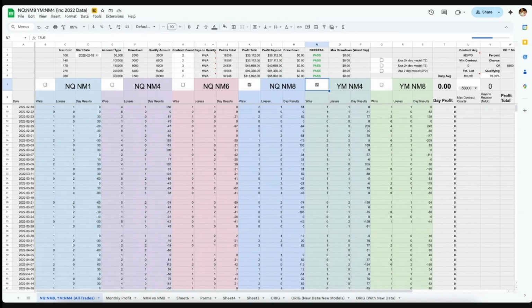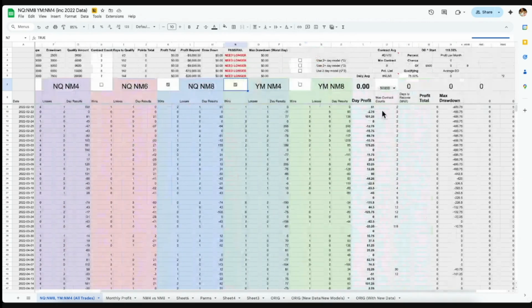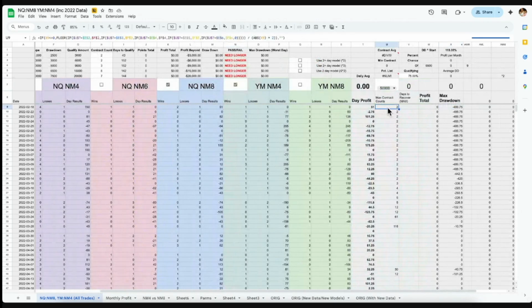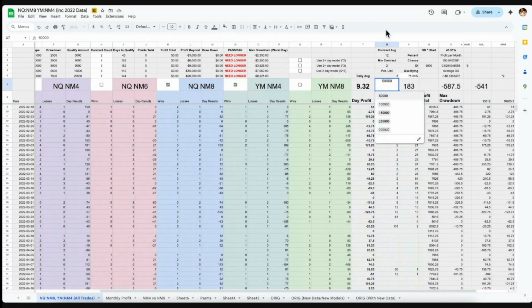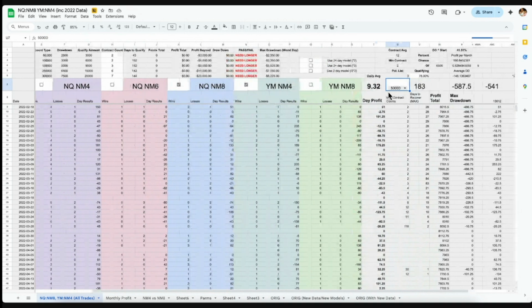Now, the other thing to keep in mind is that these numbers are based on what I would call minimal numbers. The way I worked this out is I went through and looked at the max drawdown for every single day, and I took the minimum number of contracts. Right now it's based on a 50K account, the minimum number of contracts that you could play and still qualify.